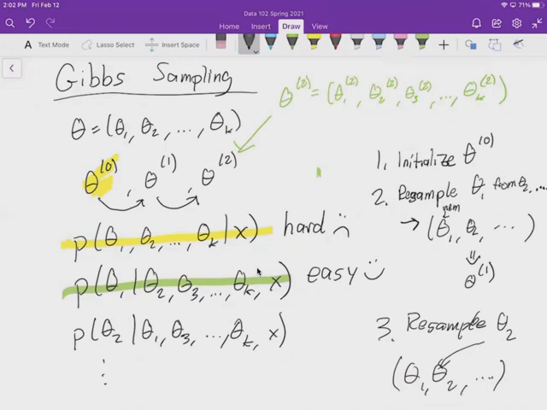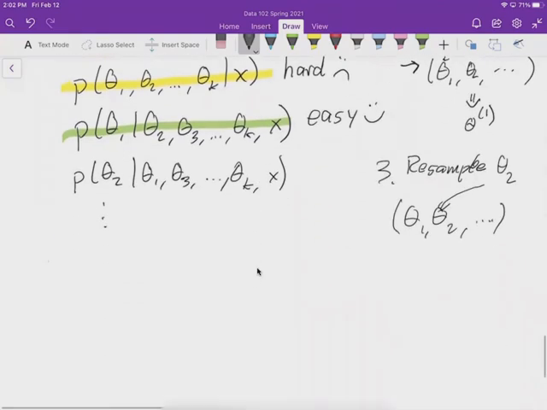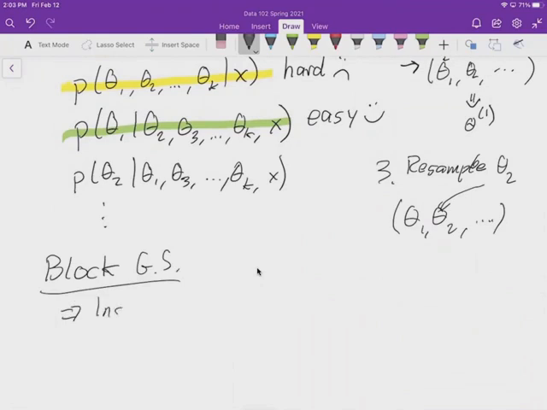So there are some variants that people use. Sometimes people will do what's called block Gibbs sampling. So there's block Gibbs sampling, where instead of one at a time, we do a group at a time, right?